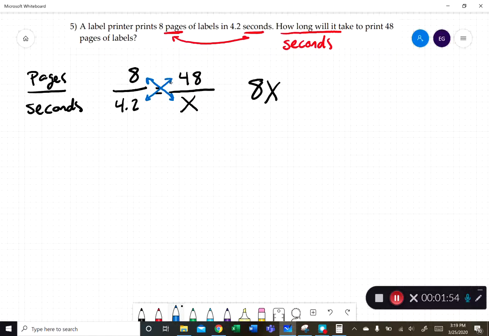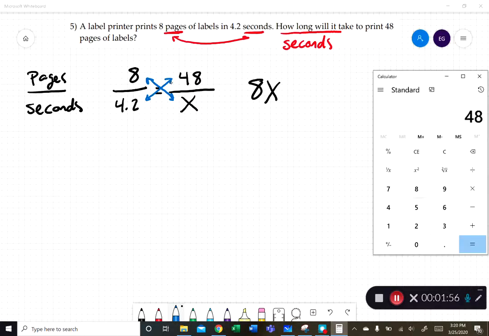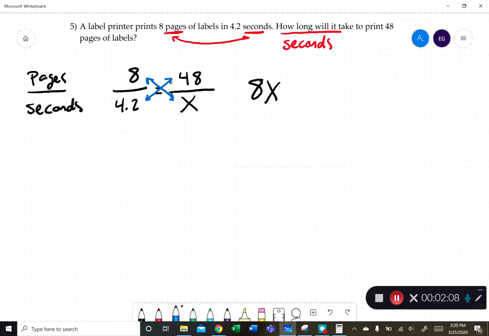And for that, I'm going to pull up the calculator. 48 times 4.2, and that's 201.6.